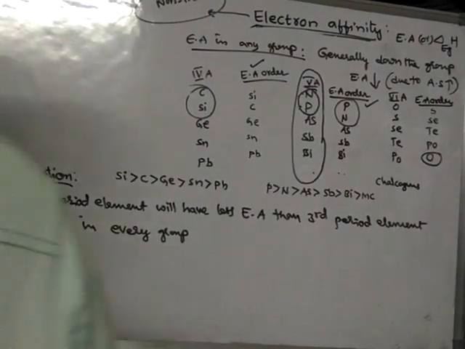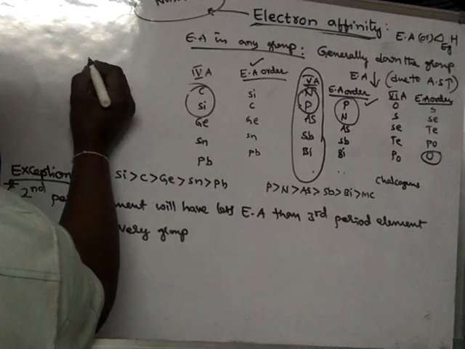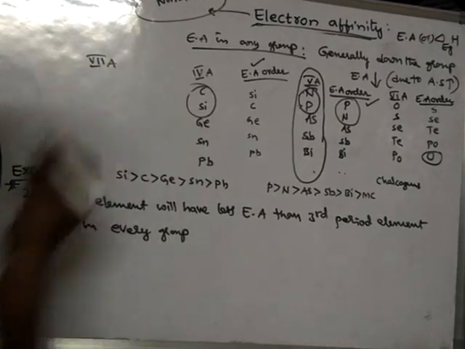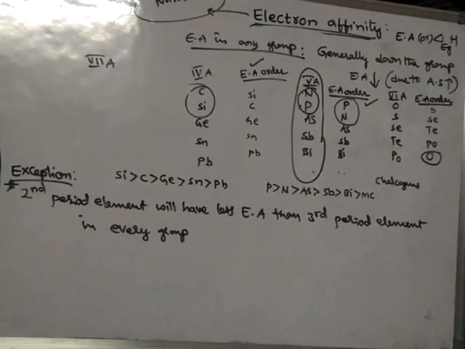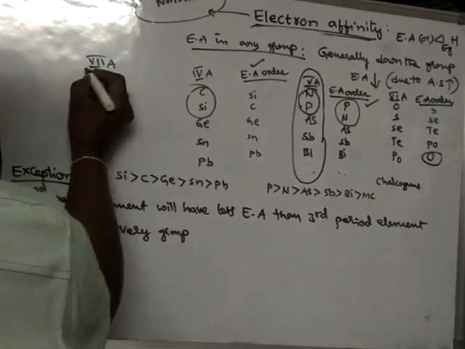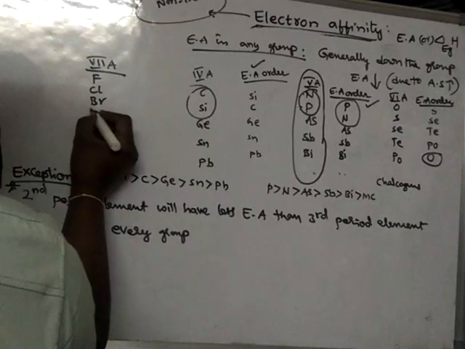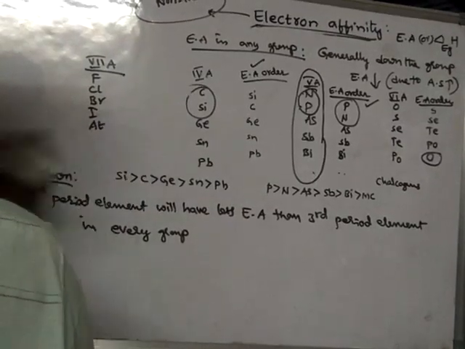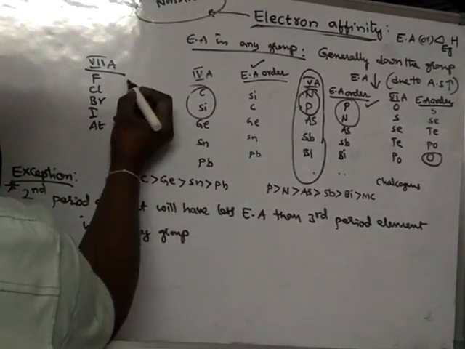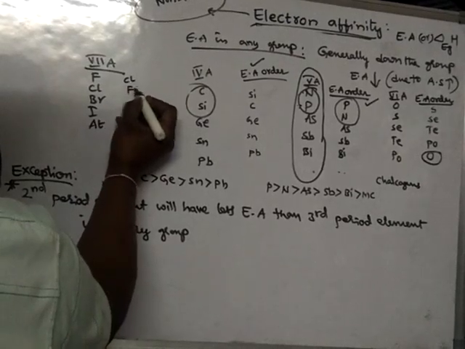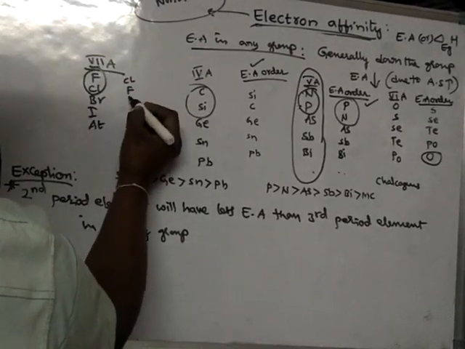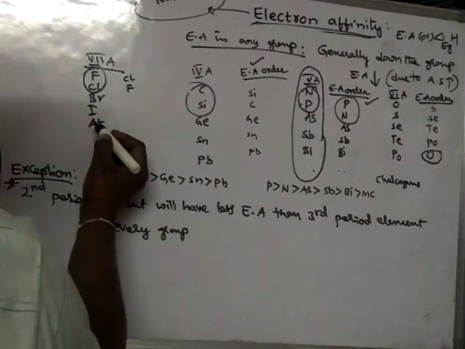If you see the 7th A group elements, actually the order should be fluorine, chlorine, bromine, iodine, astatine. But the order is changed. Chlorine will come first, next to chlorine is fluorine. Only between these two elements the order is changed.